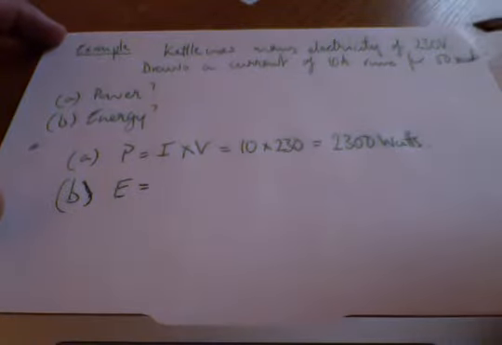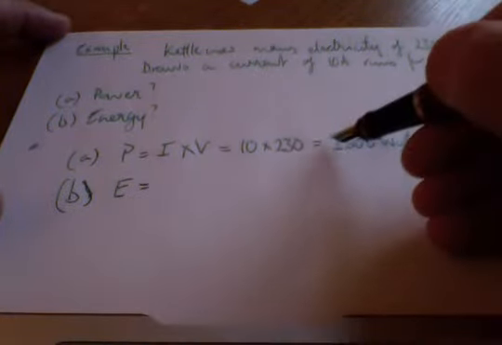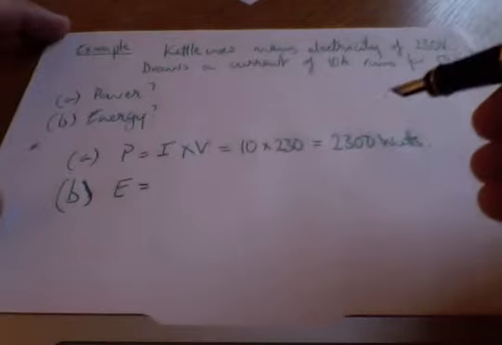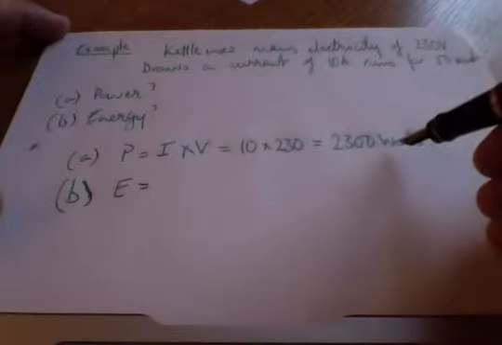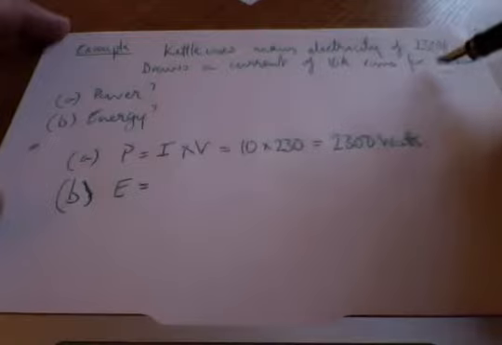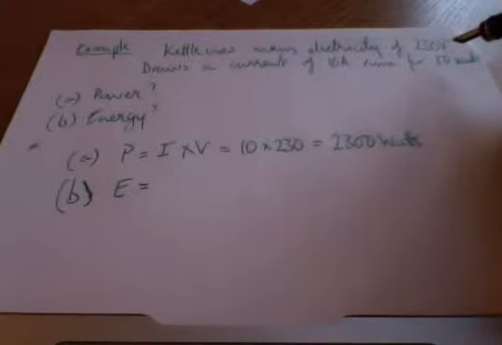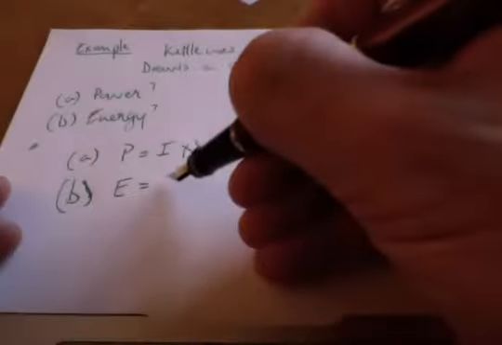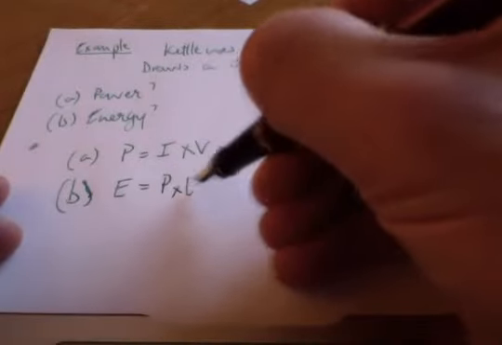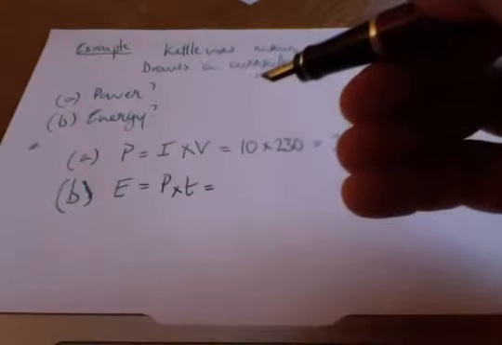Part B. What's the energy being used? Well, if we know that's what's being used up, 2,300 joules per second, then if it's running for 50 seconds, then we should be able to work out the answer, because we can multiply the power by the time.